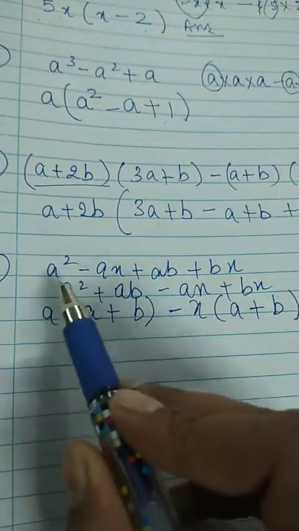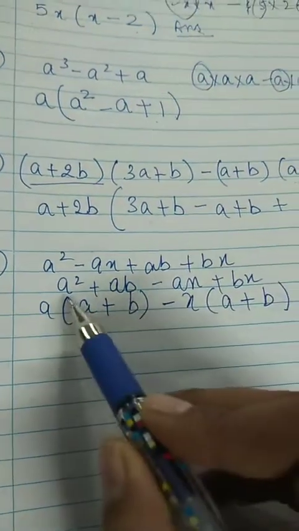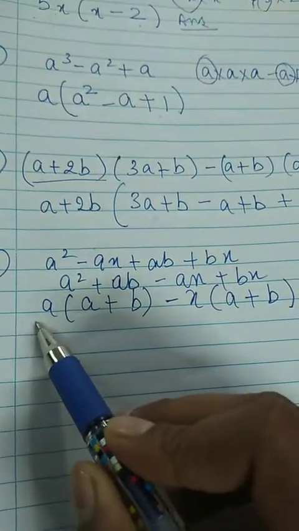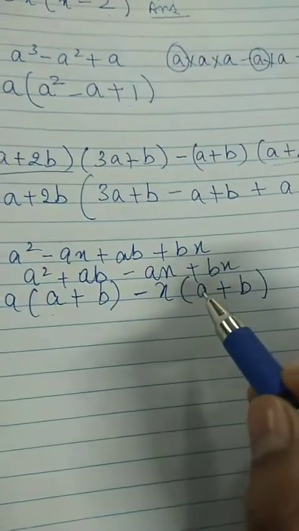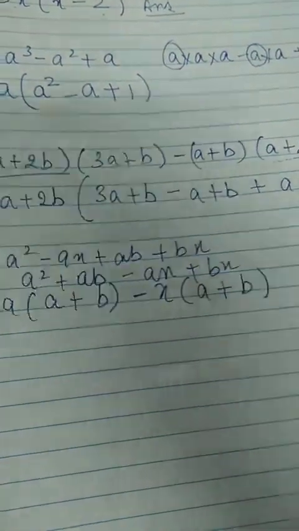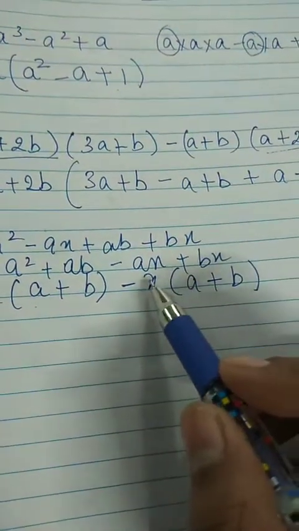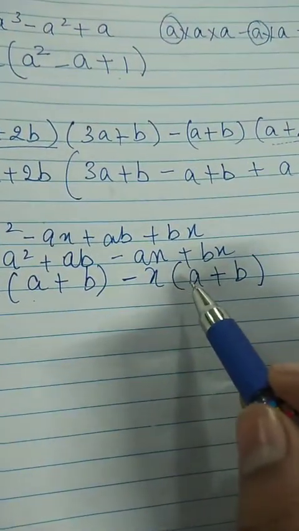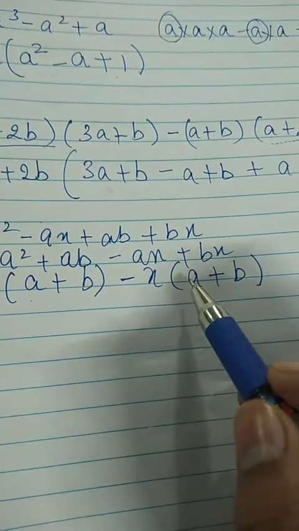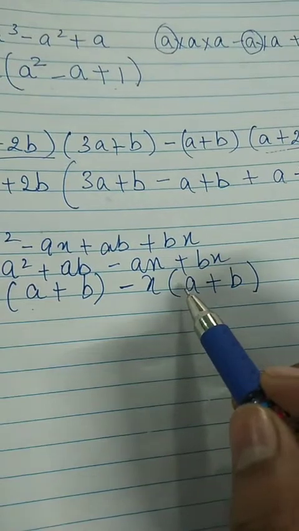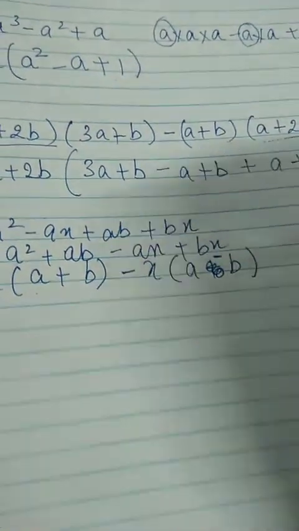We have grouped a square and ab, and minus ax and bx. From here we have taken a common out, so we are left with a and a plus b, and here we have taken x common out, so we are left with minus a, and here we get minus b.